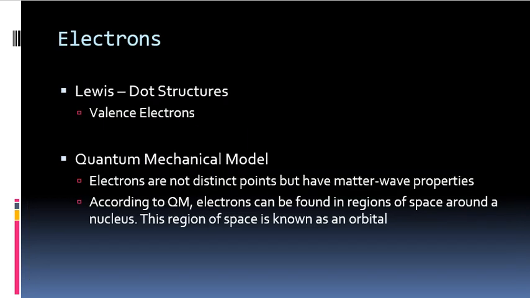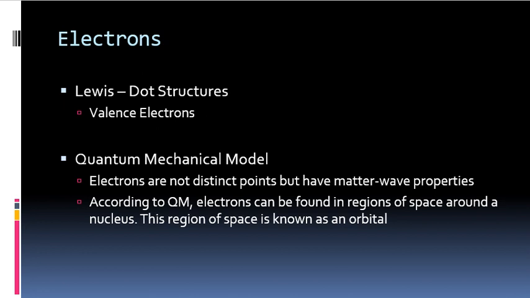Now, electrons. At the beginning of the semester, we did Lewis dot structures, which was a way of representing the outermost electrons, or the valence electrons. Lewis dot structures sometimes give the wrong impression that electrons exist in infinitesimally small points in space.